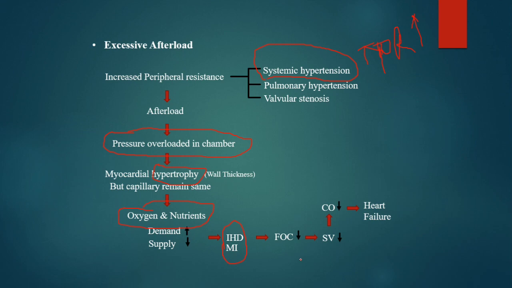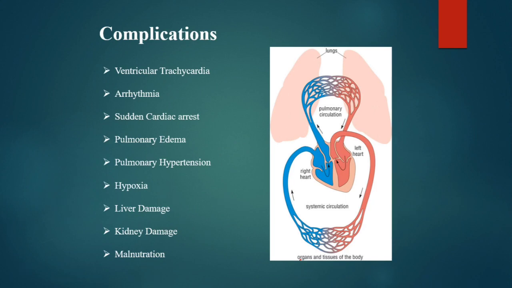Okay, so these are the complications in congestive heart failure. If a patient has congestive heart failure, then this type of complication will occur. Suppose a patient develops left ventricular failure, LVF. If the left ventricle fails, then it will directly affect the pulmonary circulation.